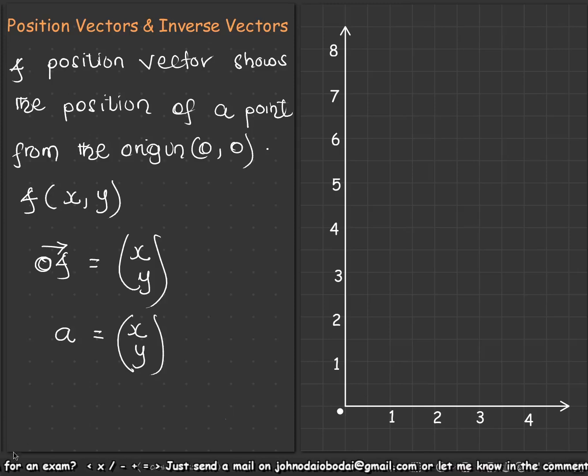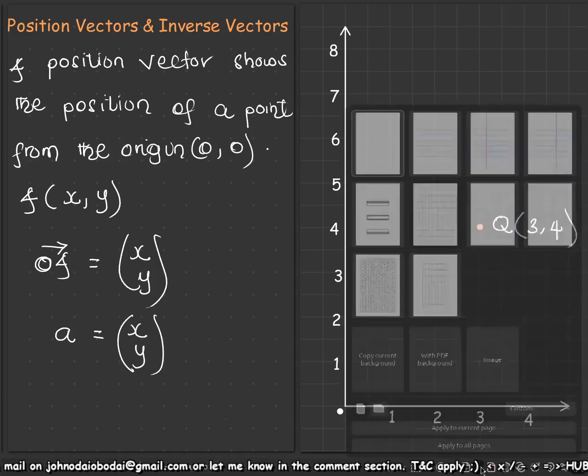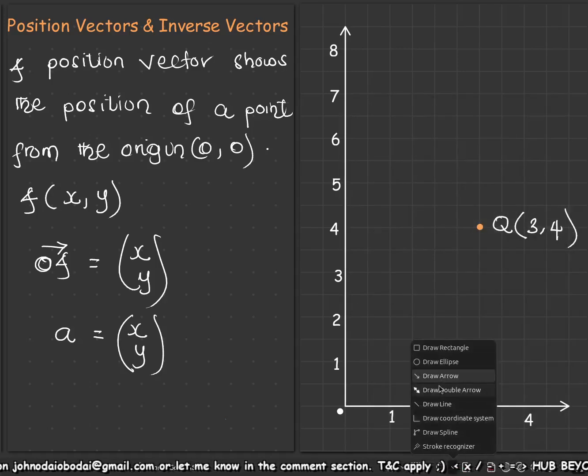Hence, if you see a vector on the Cartesian plane, we use this vector over here, and let me just call it Q. Now what is its coordinate? Its coordinate is 3, 4. And as a vector, it is from our origin.